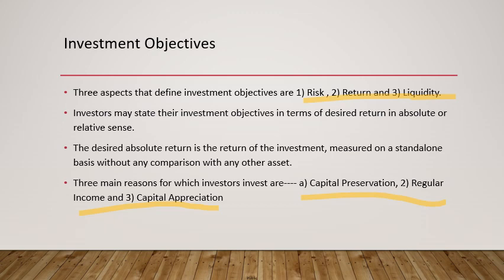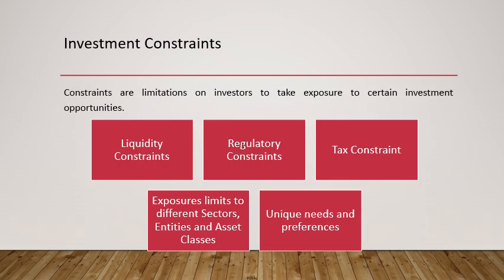Now, having said this, we'll move on to the next slide. What are the different investment constraints which also need to be understood by the investors? You may have liquidity constraints, which are predominantly driven by the time frame for which you want to invest, and the asset classes in which you are investing, right?